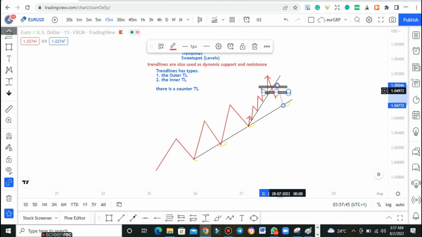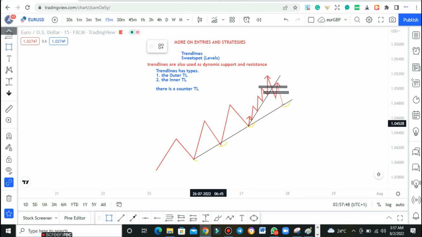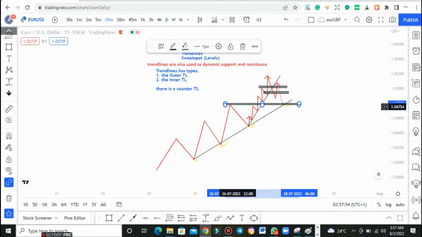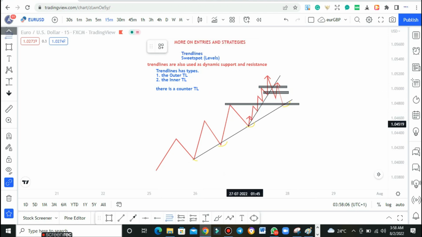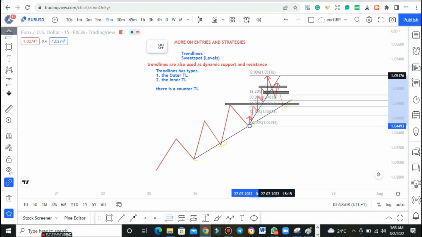Do you remember what we have been discussing? There's a level here where price can retrace. Now you can see that there is a correlation between this high that was broken and this trend line that is holding price. Are you getting this? Now, if I carry my Fibonacci and put here, swing low to swing high, what do you see? You are seeing that the trend line is in confluence with the structure high and also in confluence with the 618 retracement.